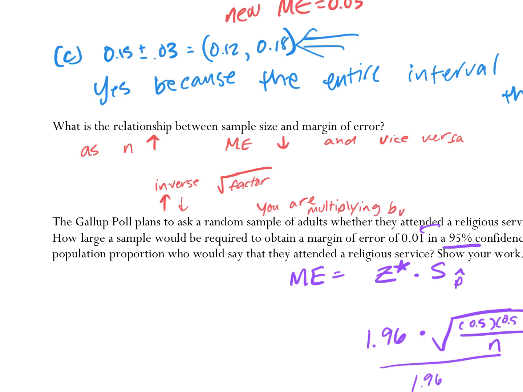So for example, taking 4 times your sample size was 1/2 the margin of error. So inverse, then you take the square root of it. Okay? We feeling okay?